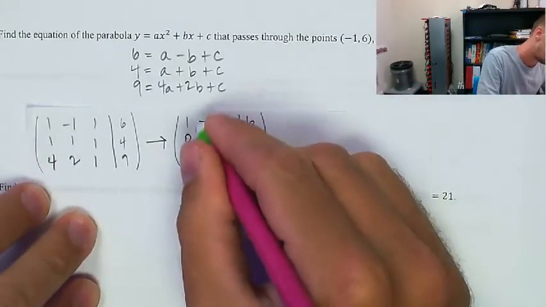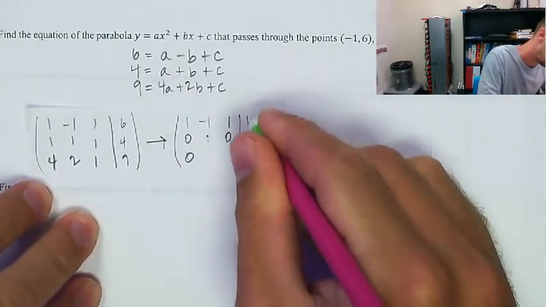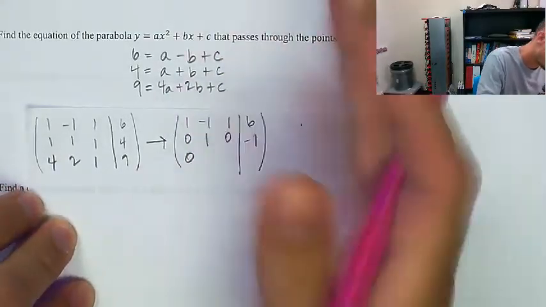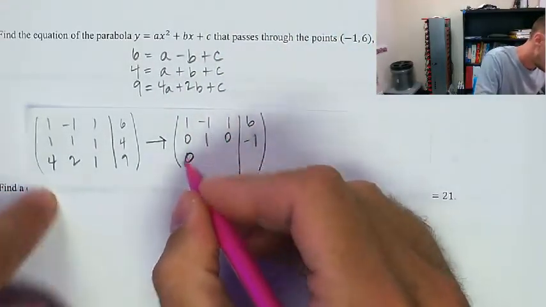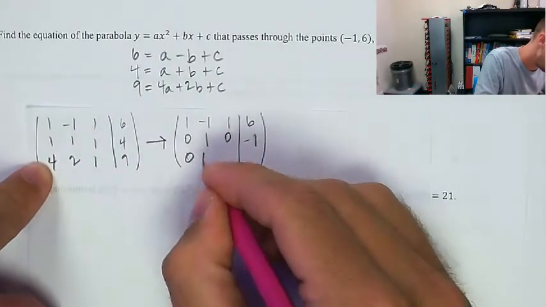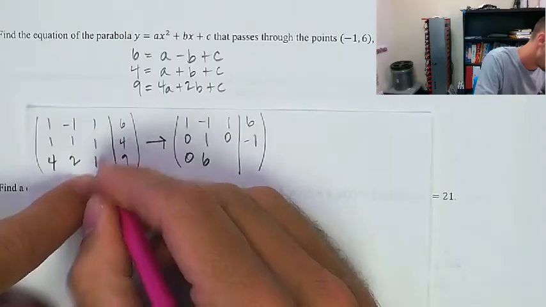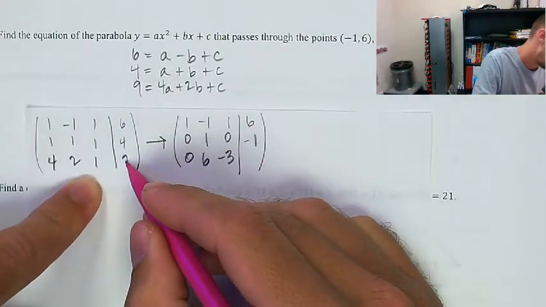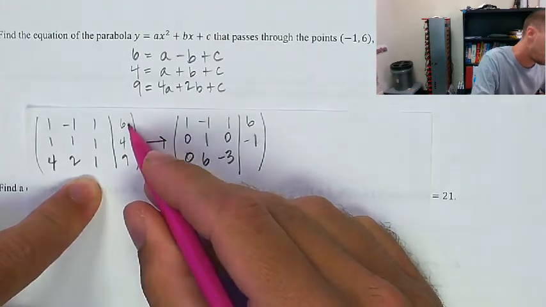Okay, so that's looking like this is going to be a 1, and that's going to be a -1. And down here, subtracting 4 would be like adding 4 in that case. 1 minus 4 is -3. 9 minus 24, really?